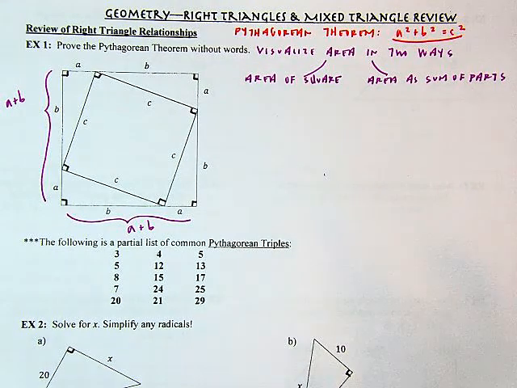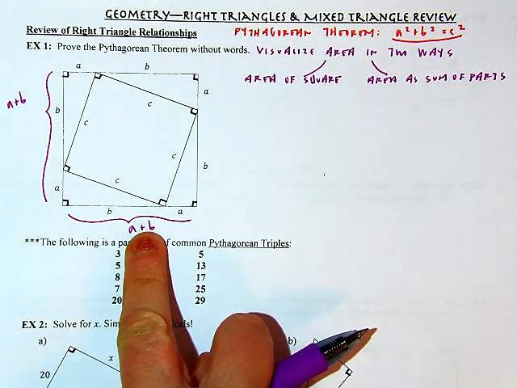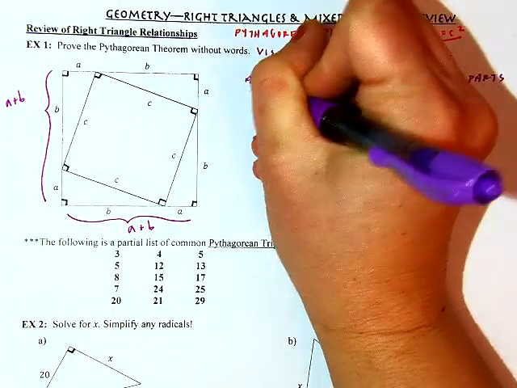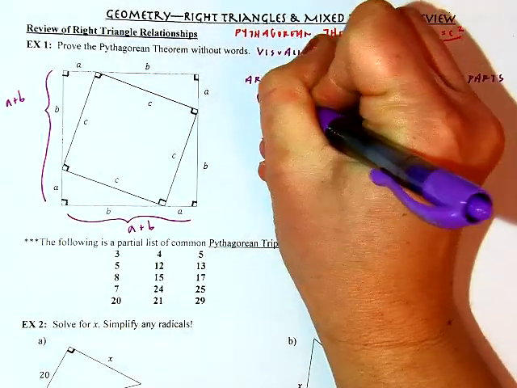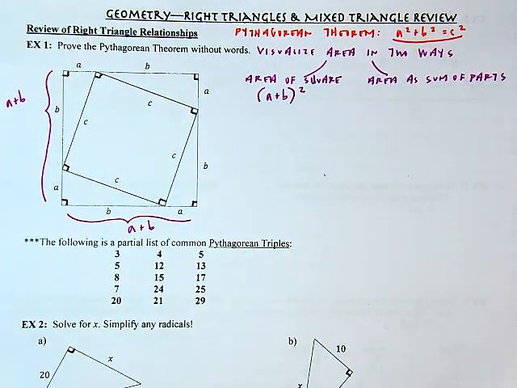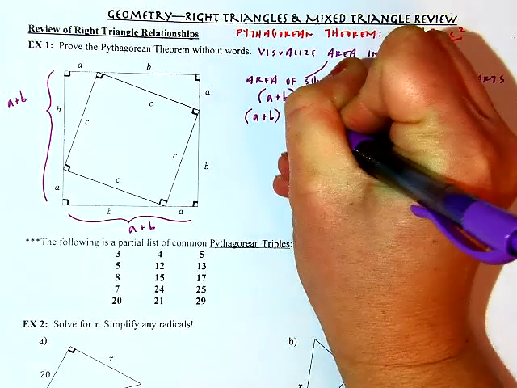So if I look at area of a square, I know that each side is the same. So base times height, it would be the same value times itself. So I can say that it's a side squared, or a plus b squared. So if I'm multiplying out a binomial squared, that's the same thing as writing that as a plus b times a plus b.